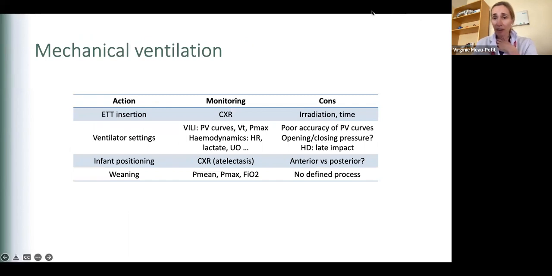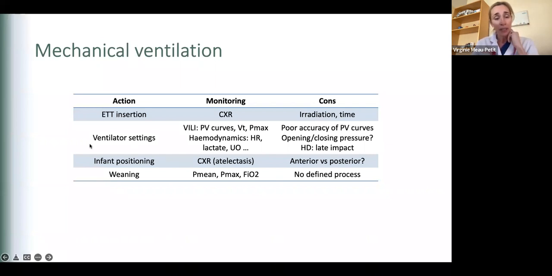So what are our current tools today to monitor this mechanical ventilation and maintain it in the safe window? At the time of ET tube insertion, we're monitoring with chest X-ray, but it can take time to get this chest X-ray, and we have to irradiate the babies.